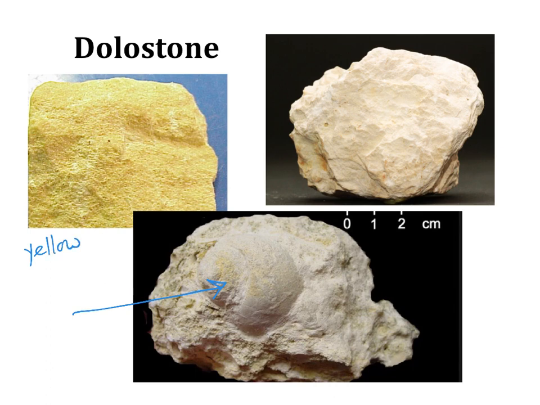Now sometimes it's more bright yellow, like this one. Sometimes it's a duller tan yellow. But that yellow comes from the magnesium. And that's very distinctive for dolostone, and it's an easy way to tell the two apart. Limestone always looks more white to gray, and dolostone has this yellowish tint to it because of that magnesium that's been added.